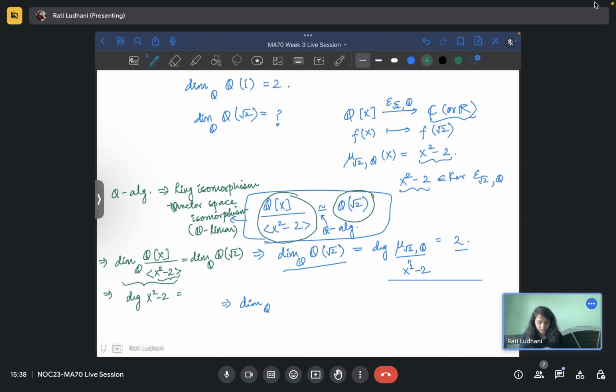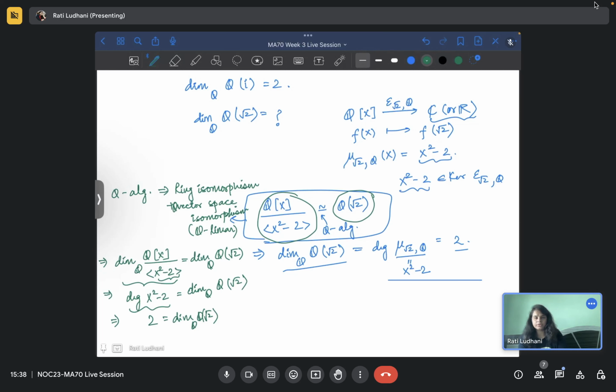So this should be equal to the dimension of Q root 2 as a Q vector space. So this is equal to 2 and we get this. Is this clear now? Yes. Great, thank you. Yeah, sure. So yeah, dimensions are same.